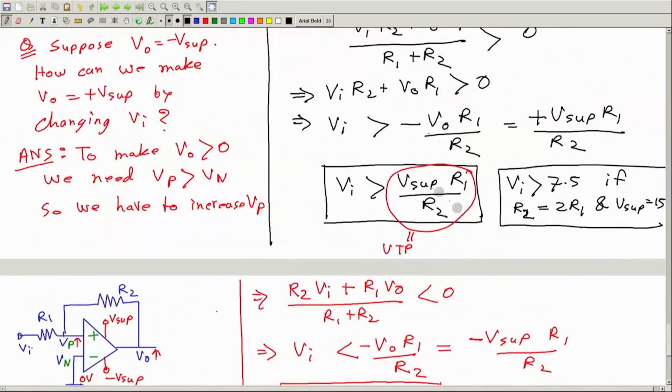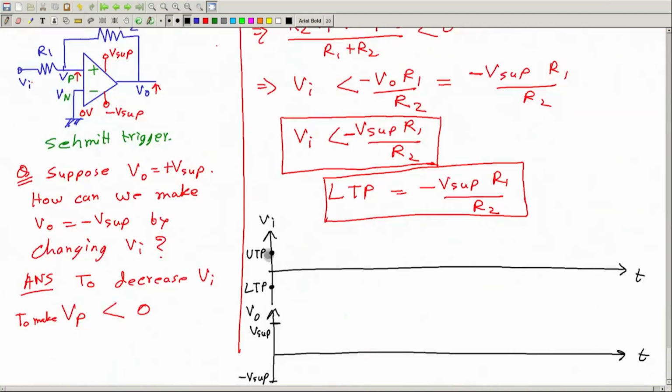So this is the UTP. So mark these two points. You start with the assumption, say output is initially positive here, and then the input is changing.